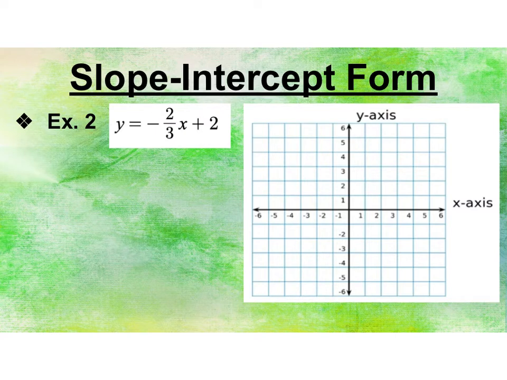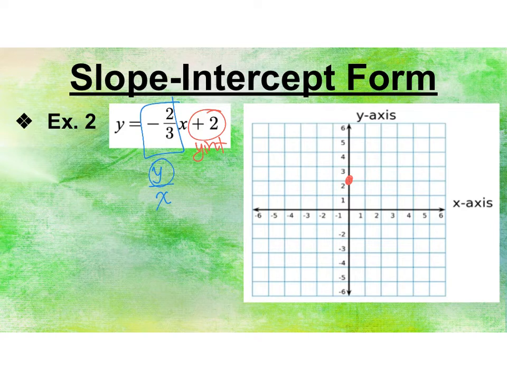In this next example, I'm going to try to do it without a table of values. So I'm going to start at my y-intercept. This is my y-intercept of 2, so on my y-axis I'm going to go up to plus 2. For my slope, notice that it's negative. And don't be afraid of the fraction. Remember that slope is rise over run, so you're always moving up or down first.